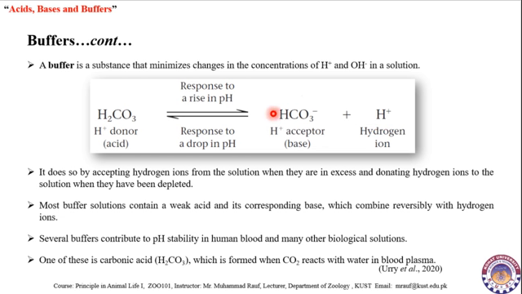So in both cases the effect of the acid and base will be diminished. Addition of an acid shifts equilibrium in the backward direction. Addition of a base shifts equilibrium in the forward direction.